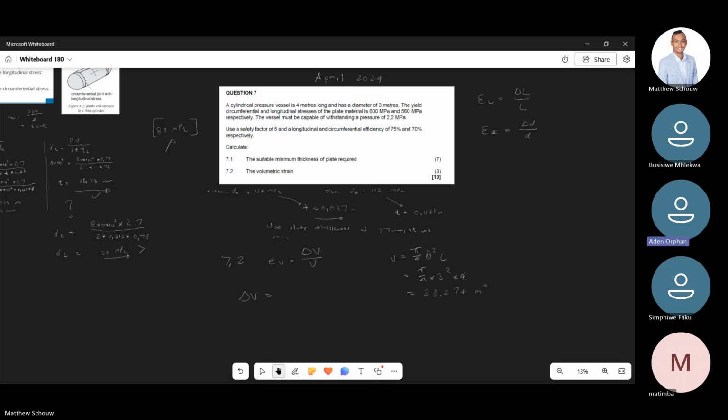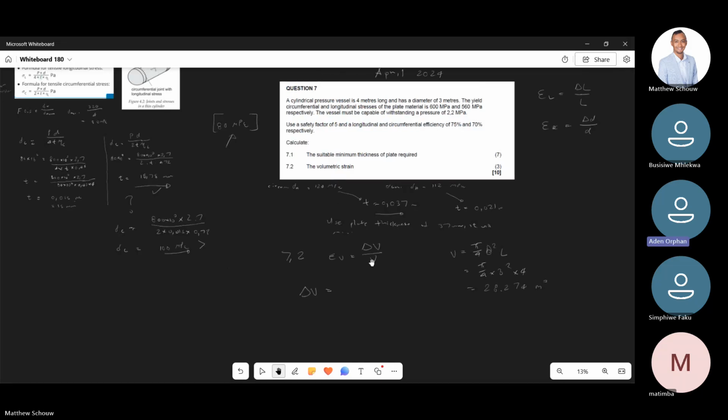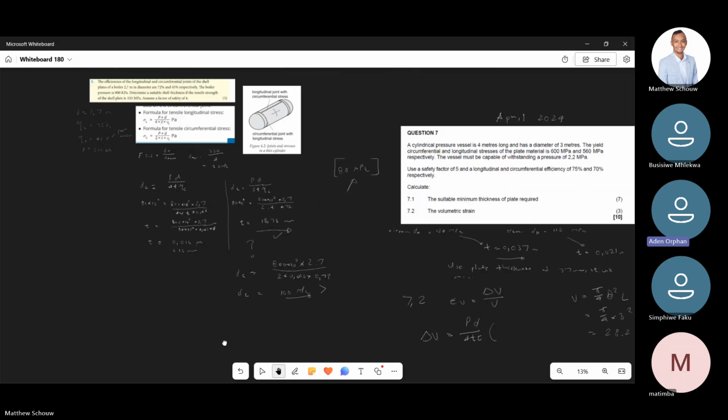I'm stuck. We use this formula that we just used, not the PD over 4TE. But I don't have Young's modulus.